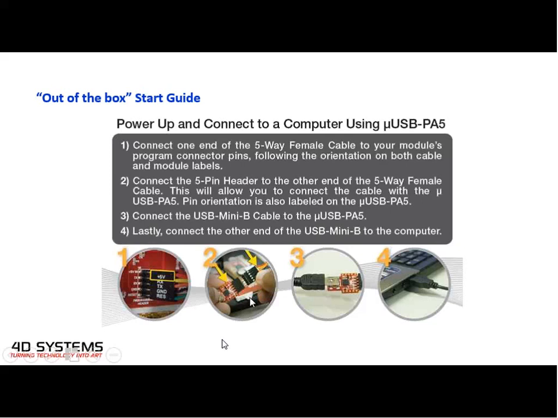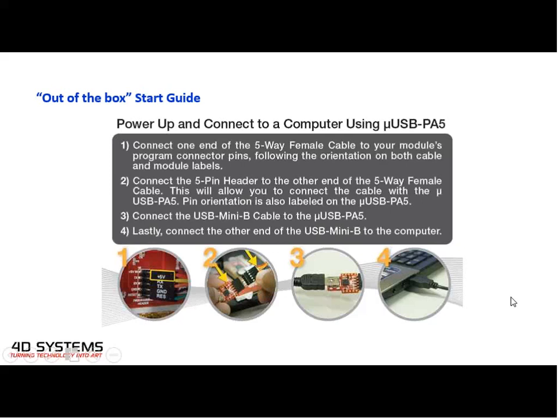Then you connect the 5-pin header to the other end of the 5-way cable. This will allow you to connect the cable with the micro USB PA5. After that, on the other end of the micro USB PA5, you can connect a mini USB adapter, and the other end you can connect to your laptop or PC.